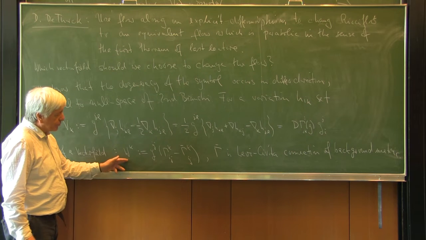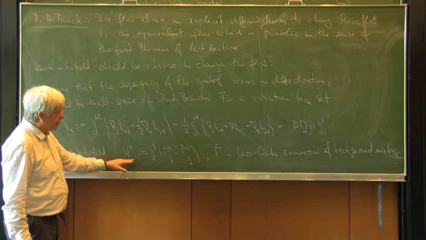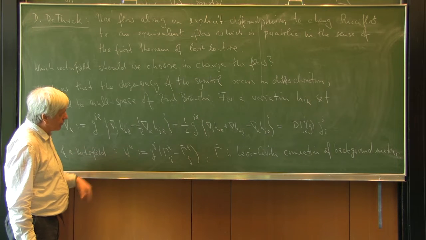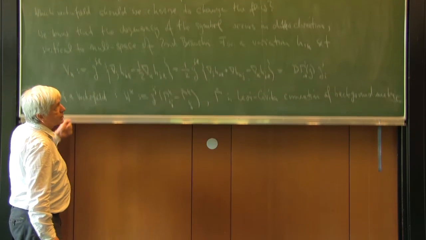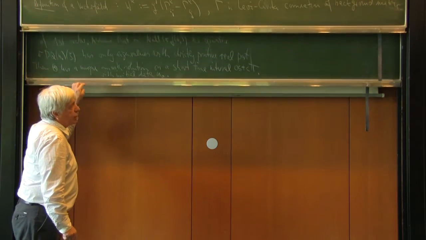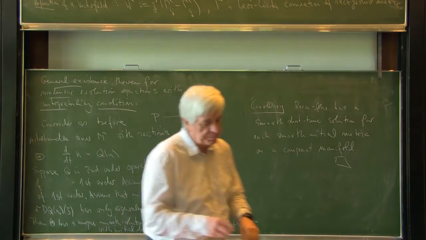And then we know that the Lie derivative of the metric along this vector field produces an extra term. Let's do that computation.